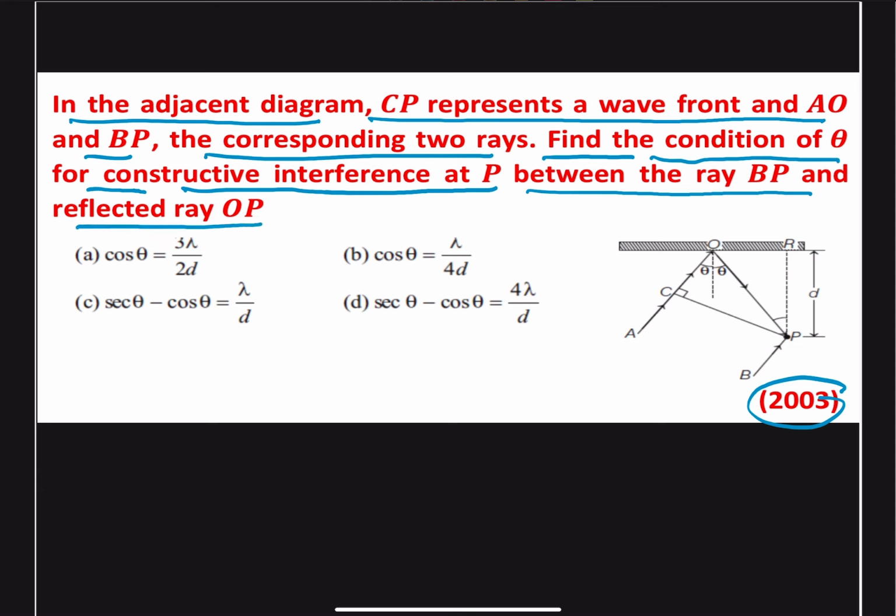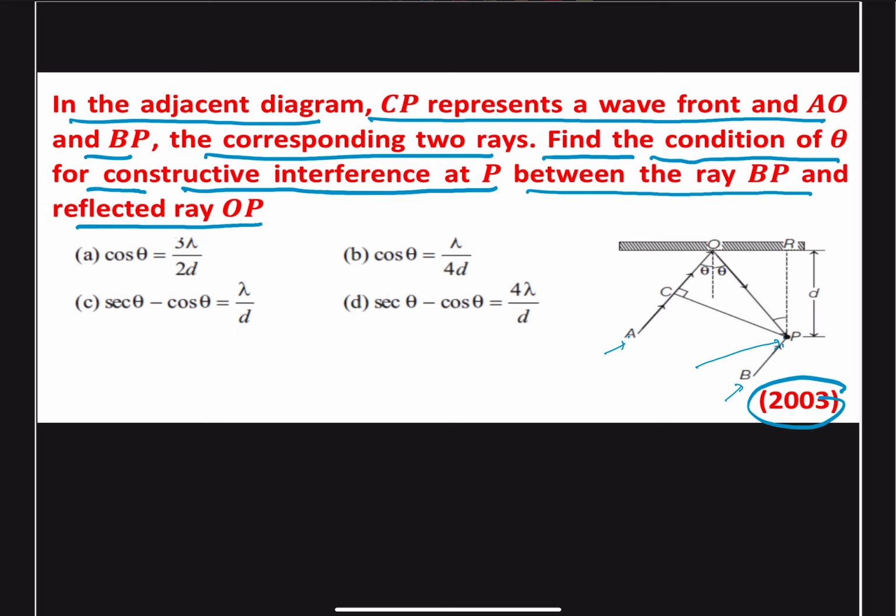So we are given two rays. One is AO and another one is BP. AO is reflected and they are going to meet at point P, and for this point P we are going to find out the theta for which we should be getting constructive interference at point P.